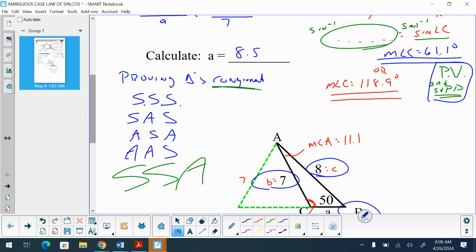But if the angle's acute, you may not have congruency. If the angle was obtuse, then it would work, and you would have congruent triangles. But if it's not obtuse, then you're not guaranteed congruency there.